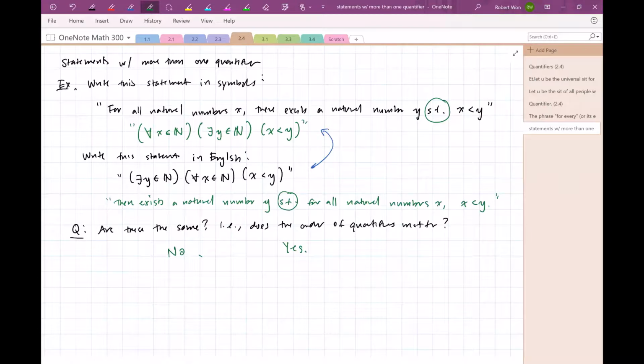For every natural number, you can find a natural number that's bigger than it. For every x, there exists a y such that x is less than y. So in the first statement, it's like you're picking the x first. No matter which natural number you pick, I can find a bigger natural number. So this one is true because, for example, if you give me an x, for any x, there does exist a natural number bigger than it, like x plus 1 is a natural number that's bigger than it.